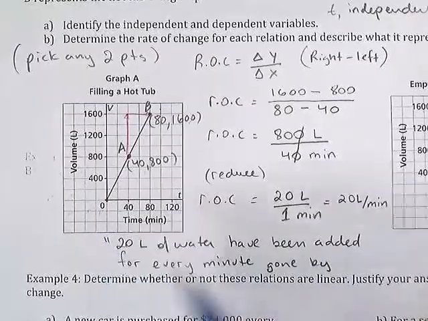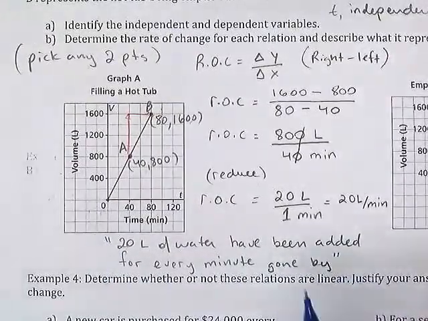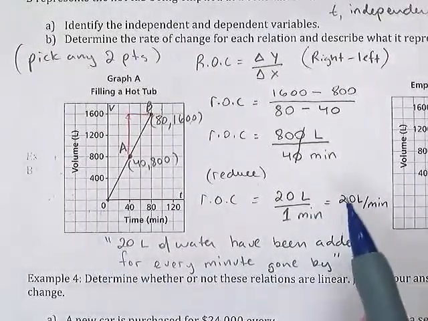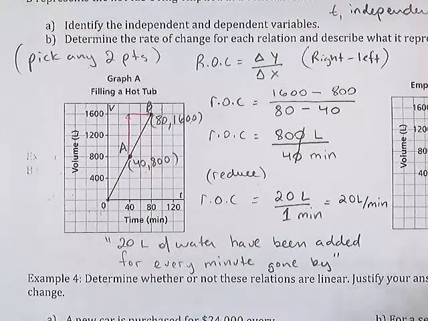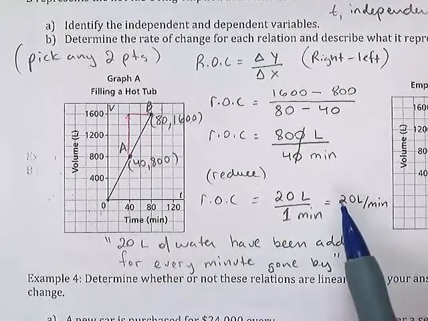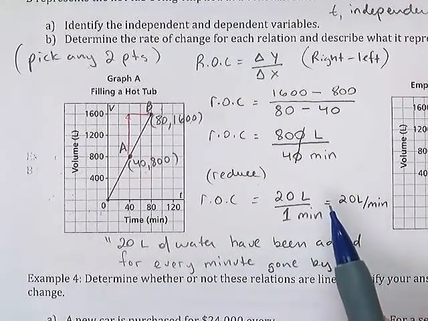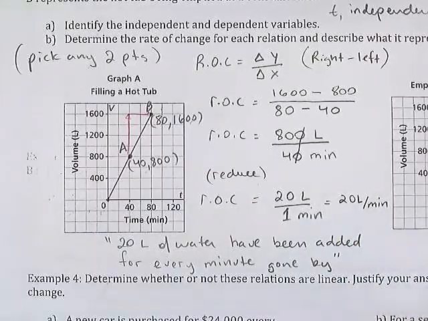This is the explanation of what that means. For every minute you're adding 20 liters. You could have worded it that way as well, but I actually say it the way it is: 20 liters of water have been added for every minute gone by.